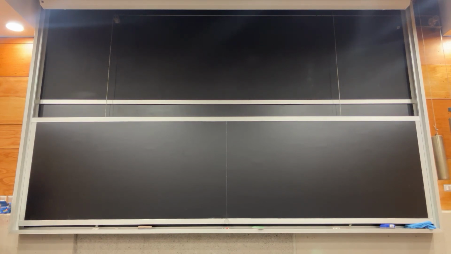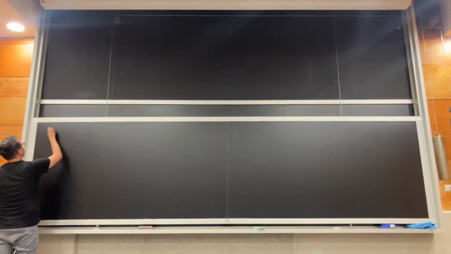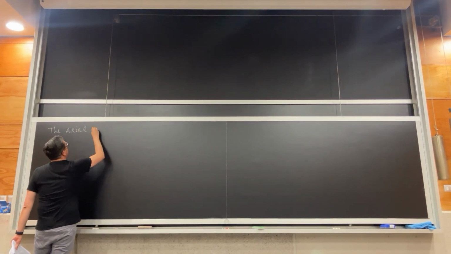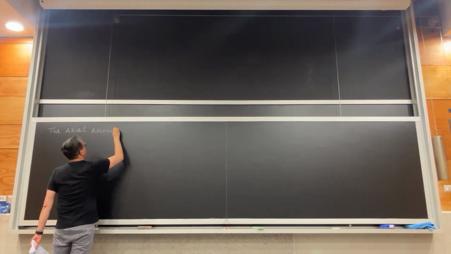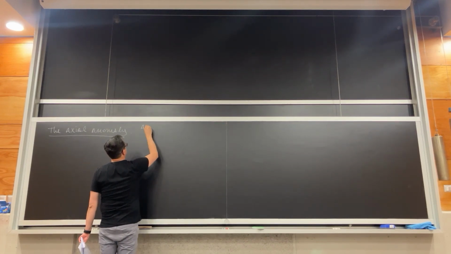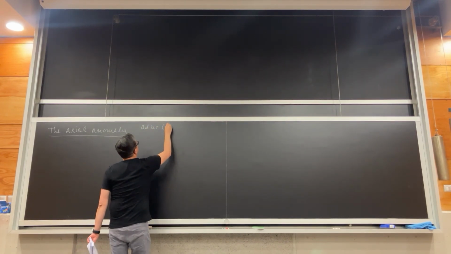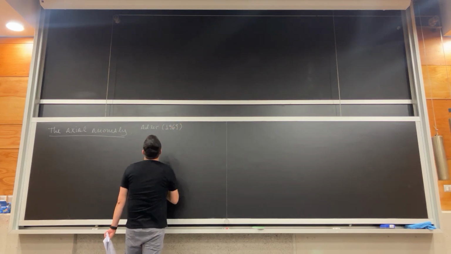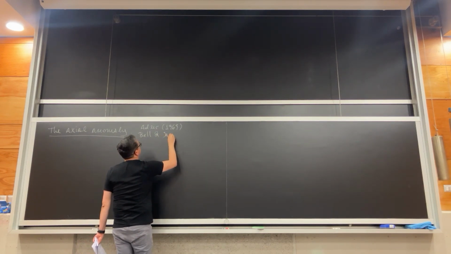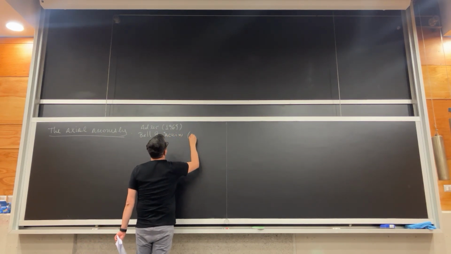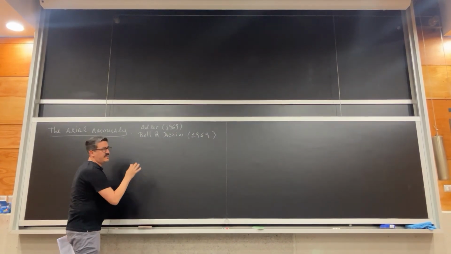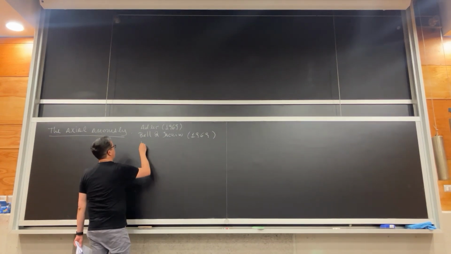Okay? So they will be the axial anomaly. So this was done by Adler, 69, Bell, also 69, and then, like 10 years later, was done by Fujikawa.